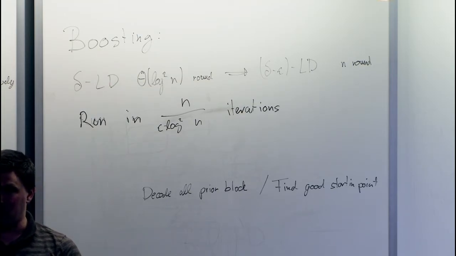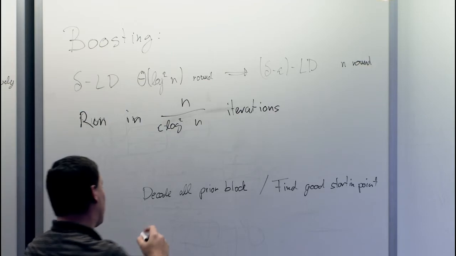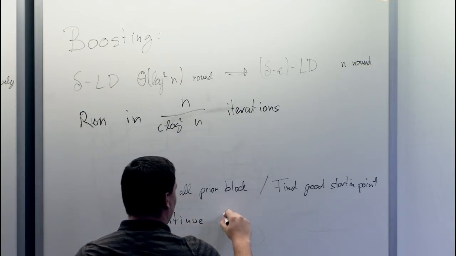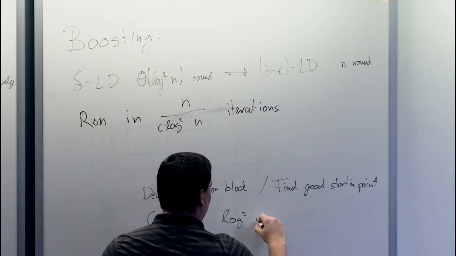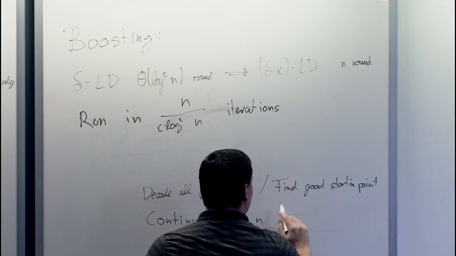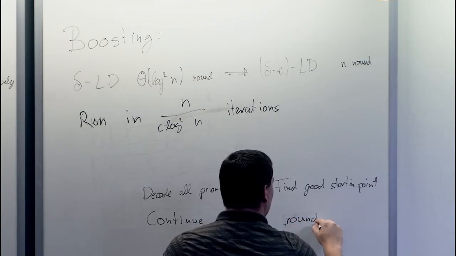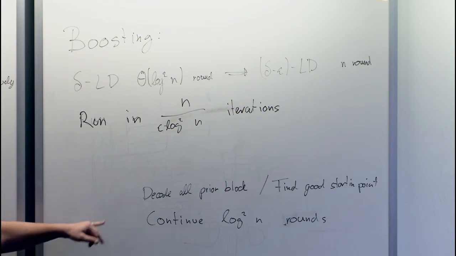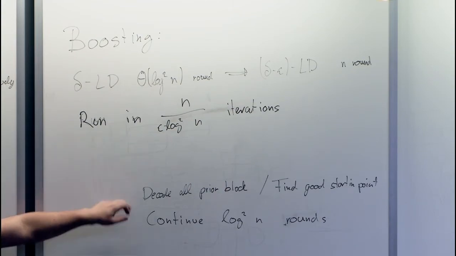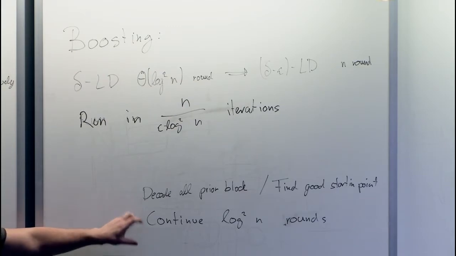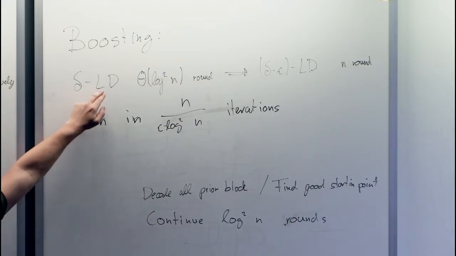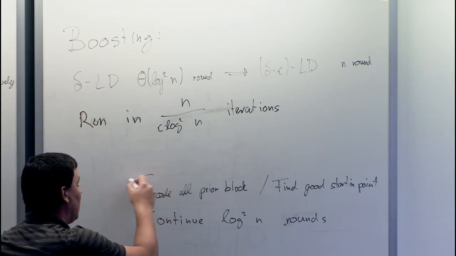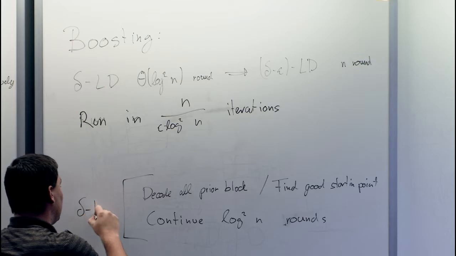But once we have the starting point, we will continue for log squared n rounds. Okay. And of course, we don't want to do this in the clear. So this is hopefully going to be quick, only log squared n long. We want to protect this whole thing, and we're going to use the delta list decoders that we assume that we have, and protect this whole thing here with a delta list decoder.